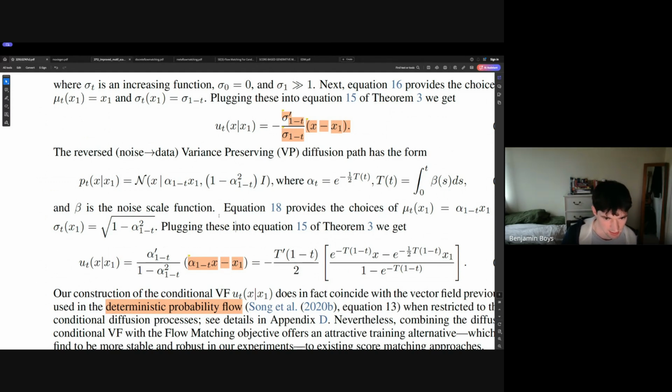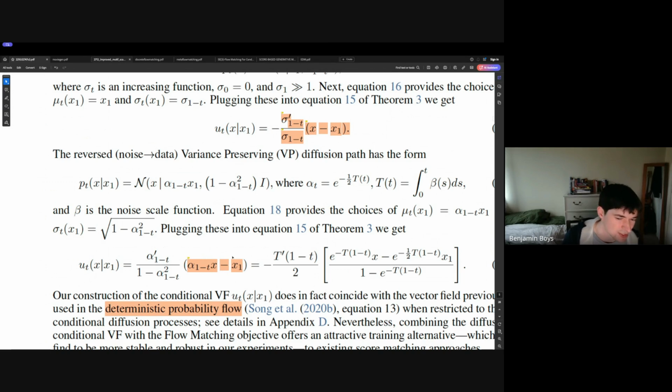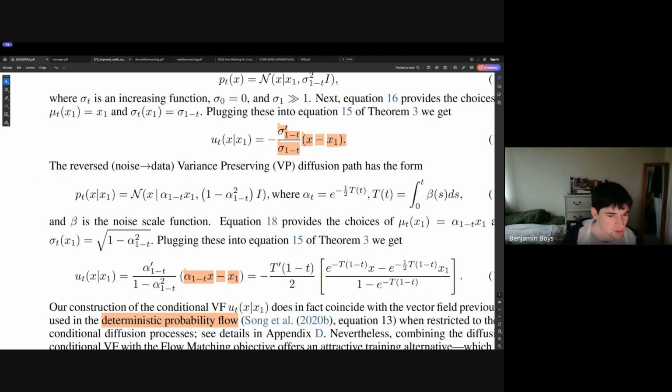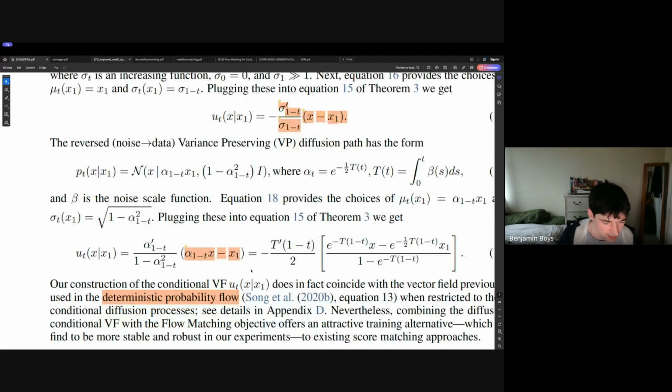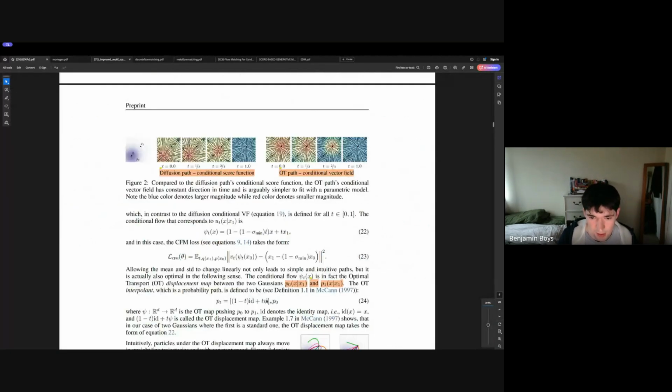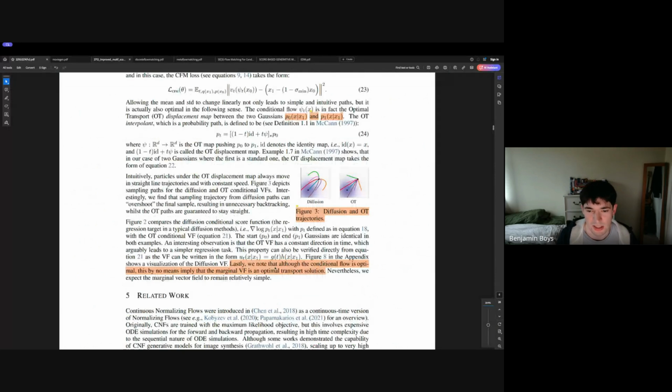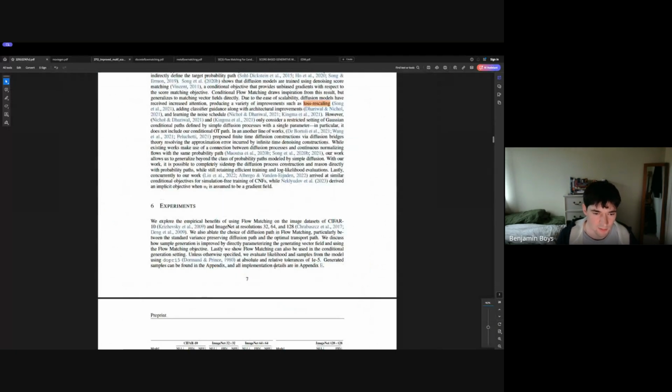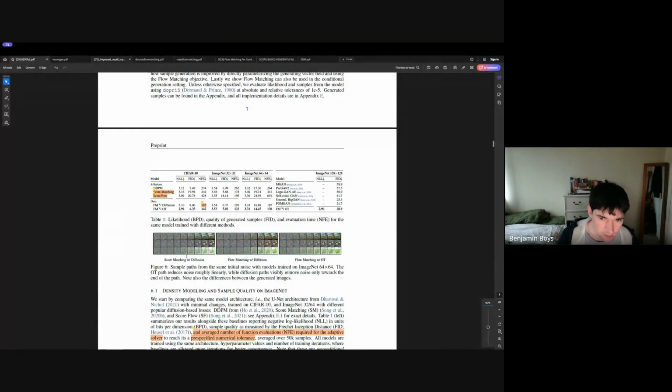Now, if you subtract x1 from alpha 1 minus t x, that's going to be alpha 1 minus t squared x1 plus alpha 1 minus t noise minus x1. You don't get noise. This thing in the brackets, unlike the variance exploding, isn't noise. You're not predicting noise anymore, so it's not denoising diffusion. It's something more general than that. And in the experiments, what they found was this new target, this new loss, is more efficient for training and for inference.